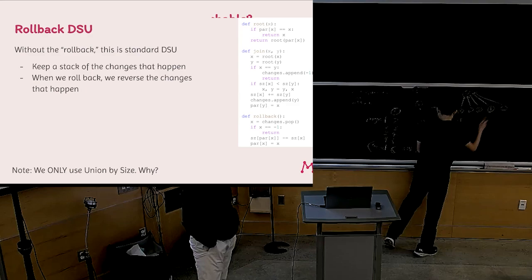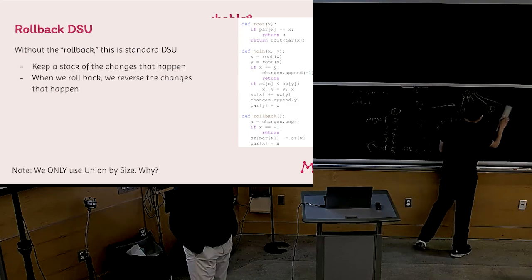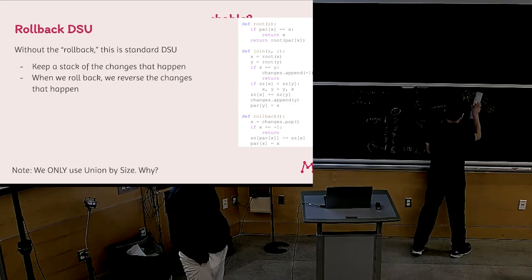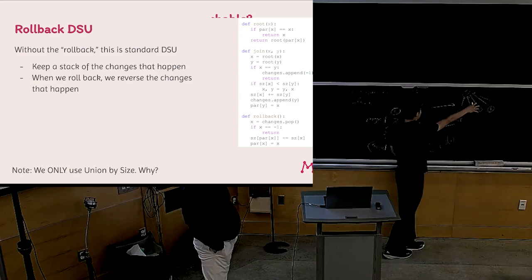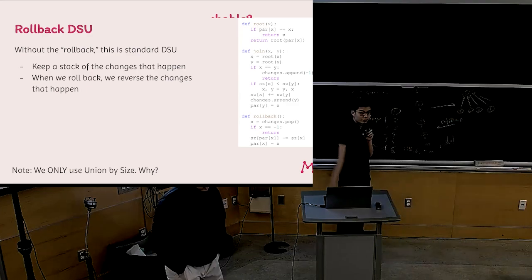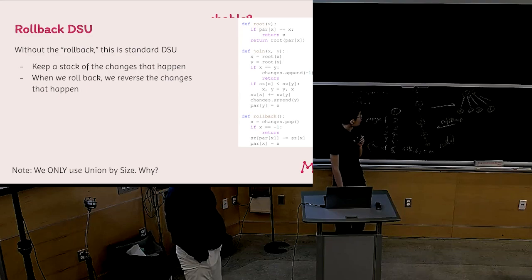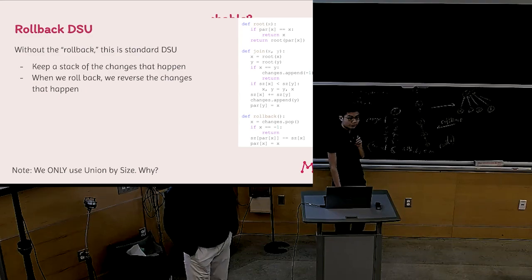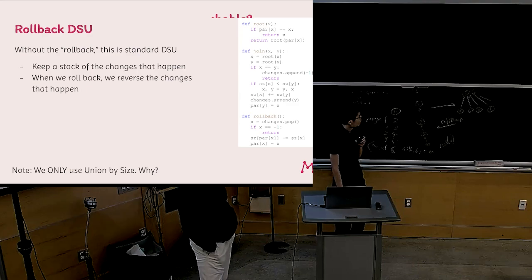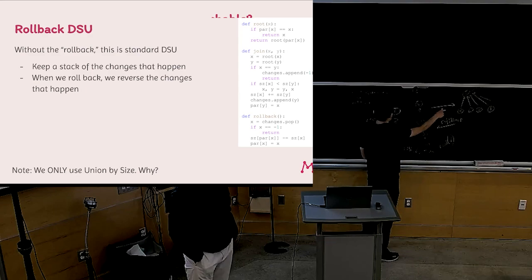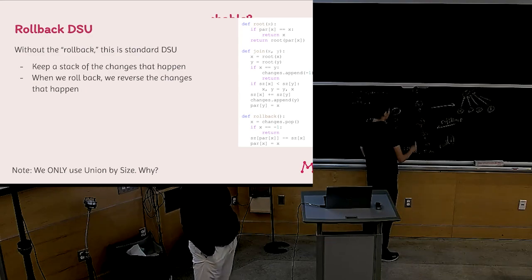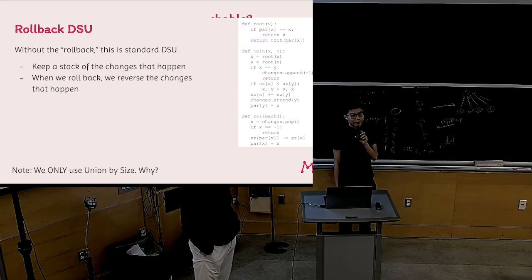Okay, and then you roll back the 1 and 6 merge, so then it just goes from here back to here. So you'd get rid of parent of 5 equals 6. Yeah, we get rid of parent of 5 equals 6, but then we also undo everything before.